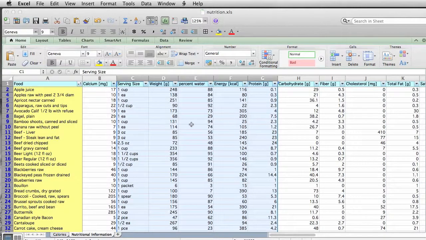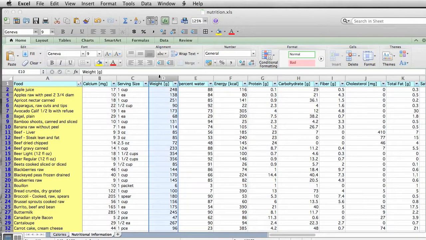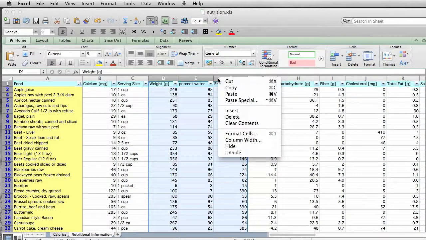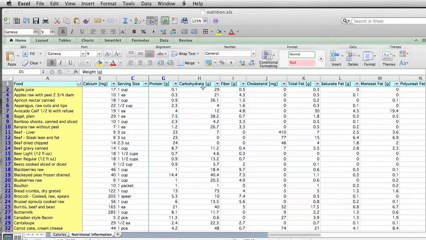So in this case, I'm going to highlight columns D, E, and F. Right click in this header here, actually above the field names, right where it says D, E, and F. And if I right click there, I can hide those. Then I'm going to go over and choose the same things over here.